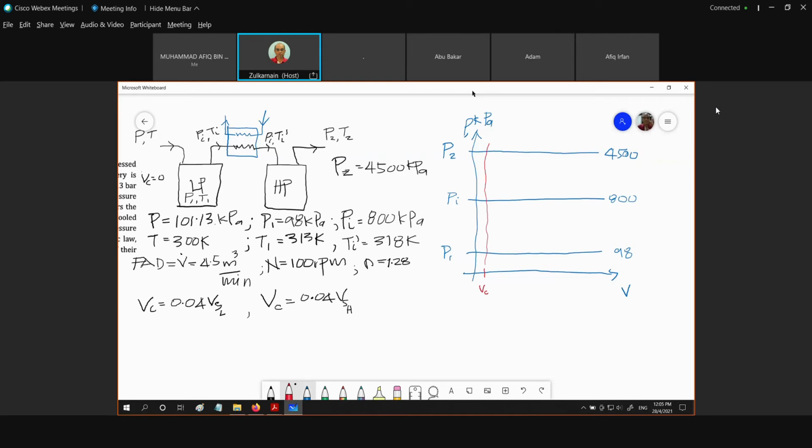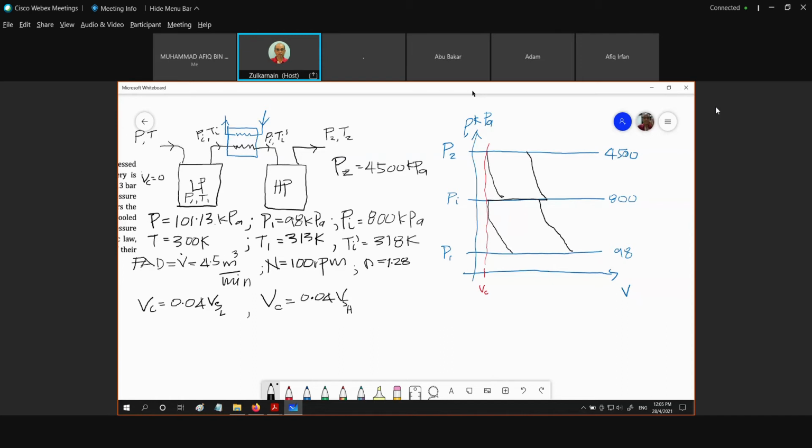Okay, so let us look at this. This is our re-expansion process for the high pressure. This is our low pressure compression process. This is our high pressure compression process. This is our delivery from the low pressure compressor to the high pressure compressor, the second stage.